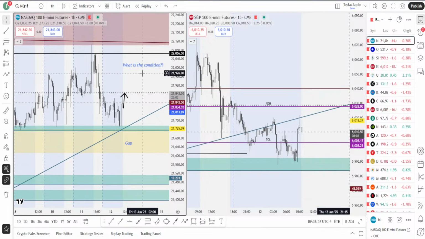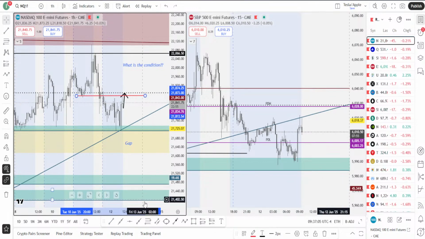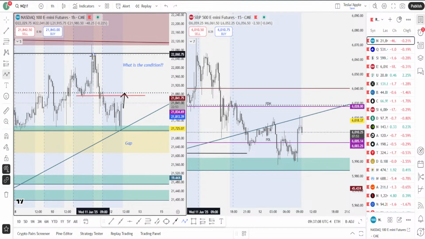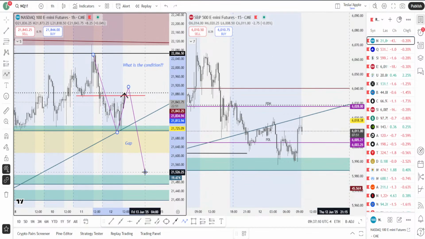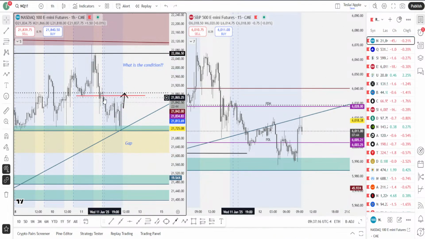So it is possible, after we broke this support here on the hourly, that this could pull back and start to give us that channel going lower, possible. Which, I don't know, but we had a pretty big move yesterday.